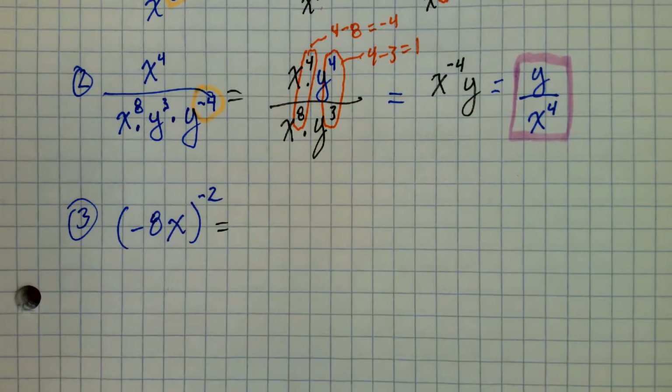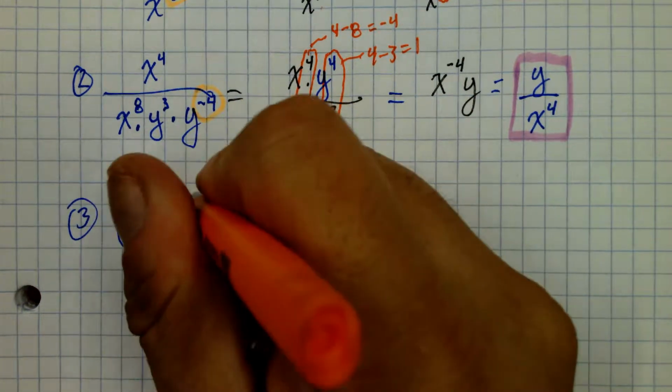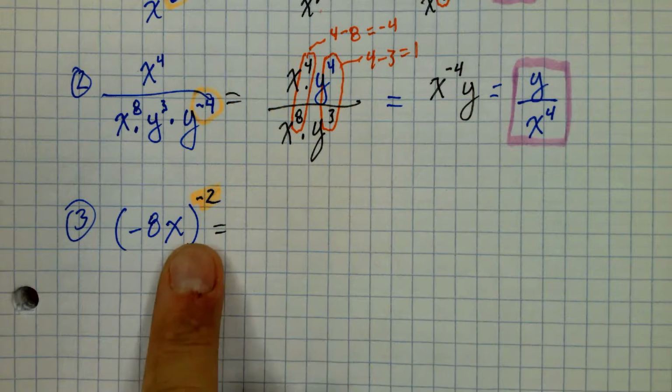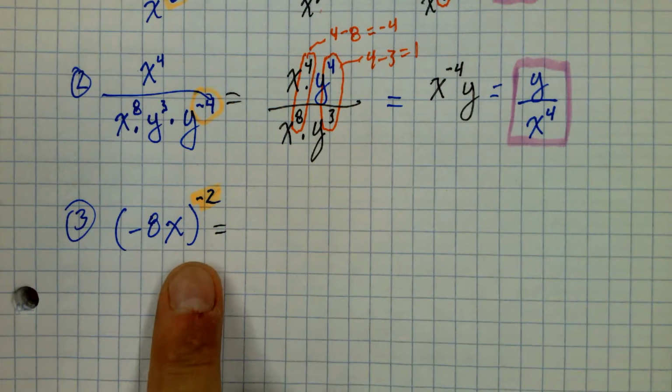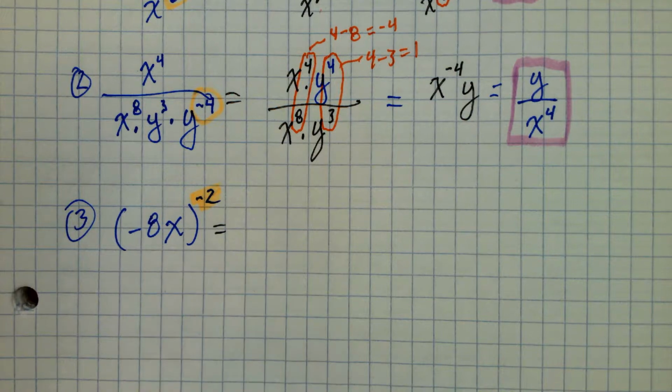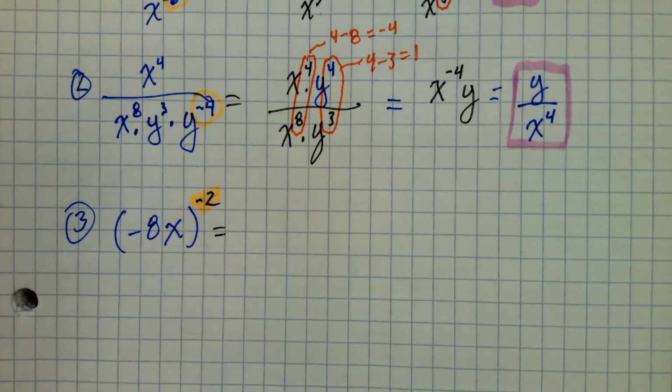I'll give you a hint. Anytime you can, even in the beginning, if you've got a negative exponent, work with that first, especially because that's outside the parentheses. I really want to take care of that. So what does that tell me to do when it's a negative? Even before I do that, I'll give you a hint. It's not happy in the numerator.